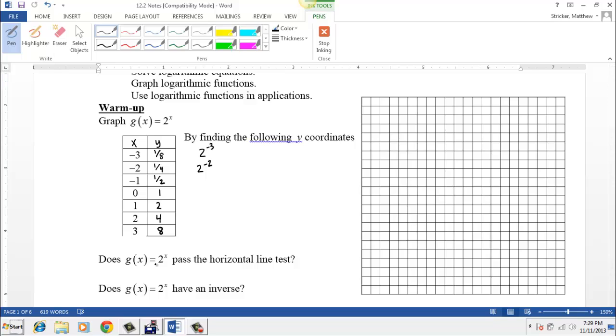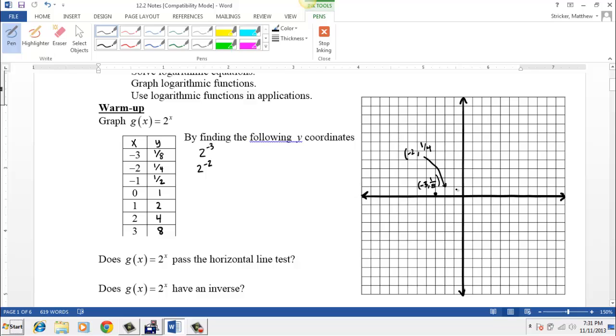So let's go ahead and put these points on our graph. If we put our points on, we have -3, 1/8. It's going to be just above the x-axis. We have -2, 1/4, which is just a little bit higher. That's the point -2, 1/4.